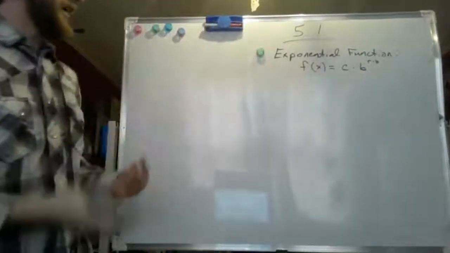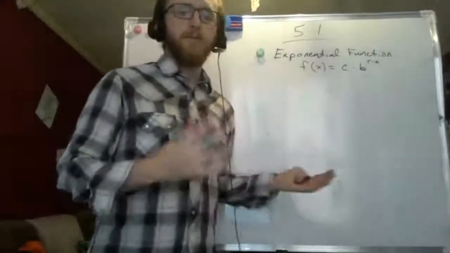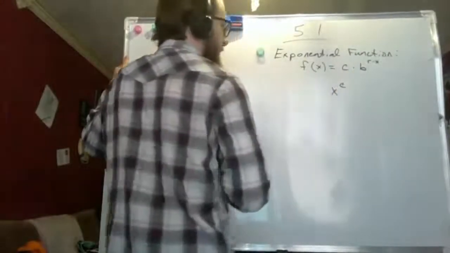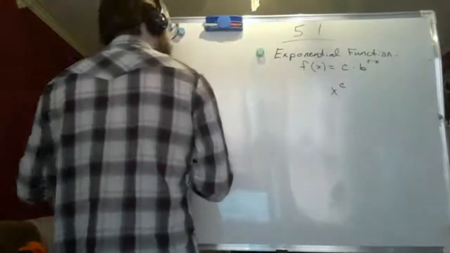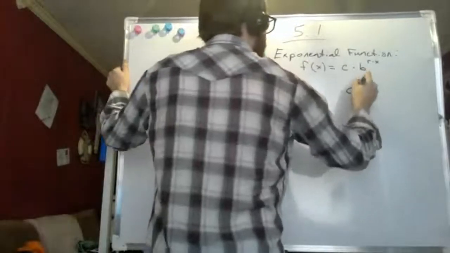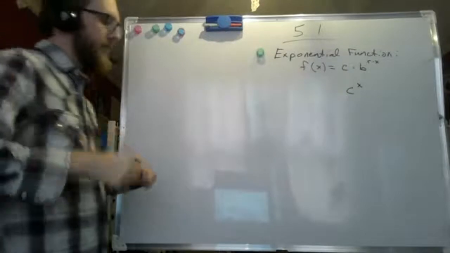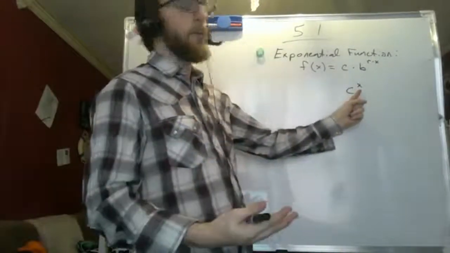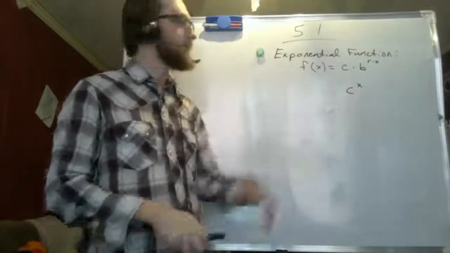So up to this point, we've seen equations where we have x raised to some constant power, but for exponential functions, we flip it on its head and we say, what if we have a constant raised to the x power? So it's called an exponential function because the x variable is in the exponent now instead of being the base. All right, so that's the basic format for an exponential function.